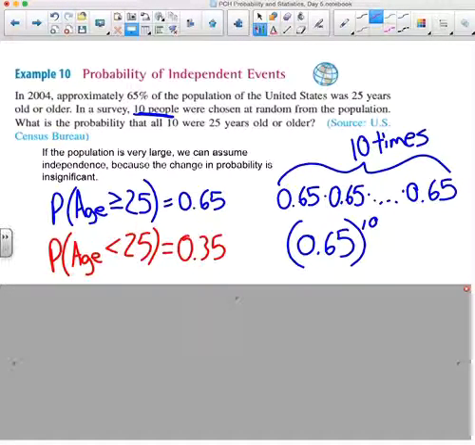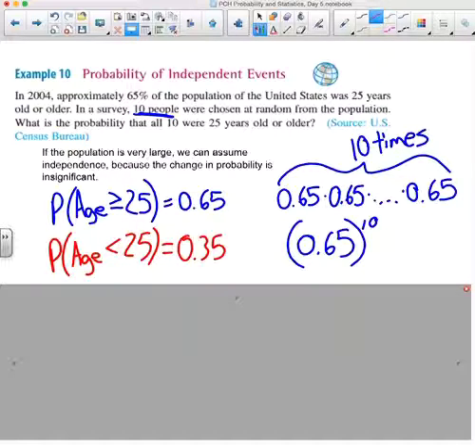So what's the probability that all 10 of them were less than 25? Yeah, 0.35 to the 10th power, okay? So this is a pretty easy thing when we're looking at this in terms of what if all of them are in this category or all of them are in this category.